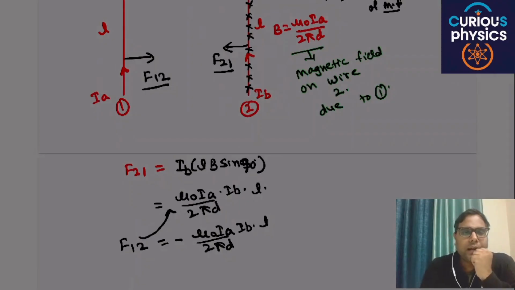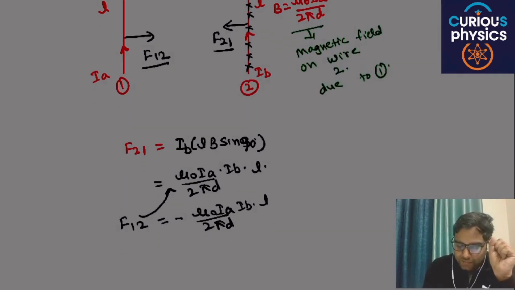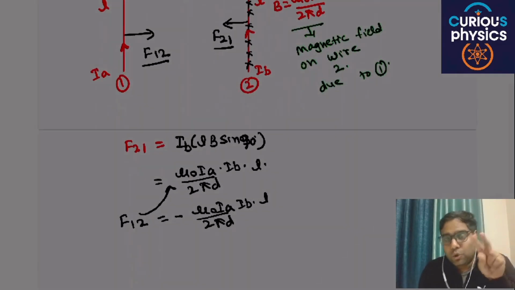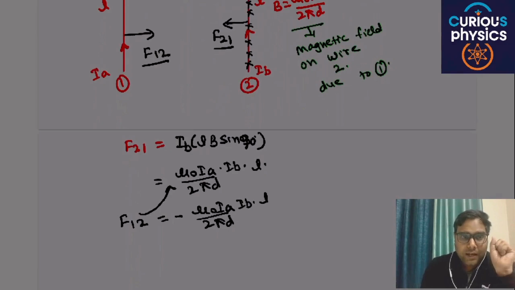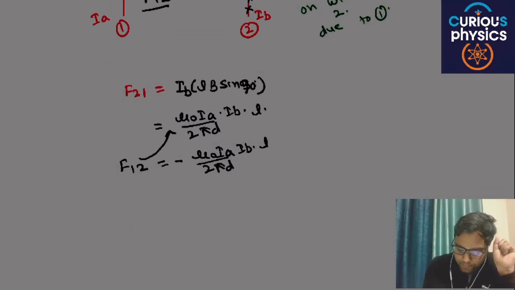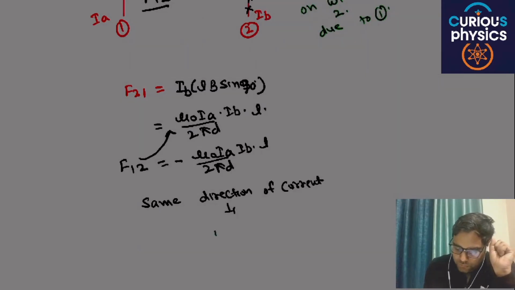So F21 and F12 have the same magnitude and opposite direction. So you can say that if the direction of current in the two conductors is the same, you will get a force of attraction.